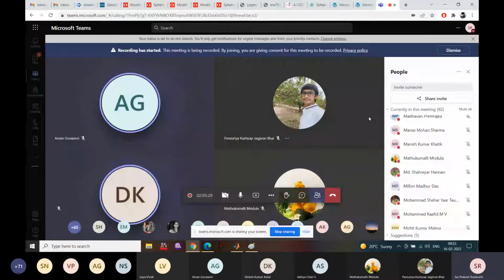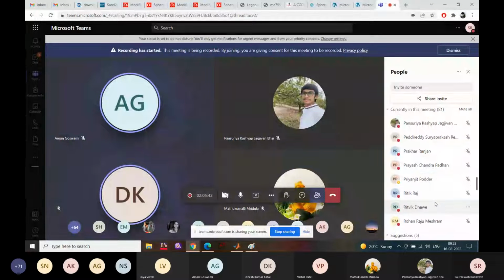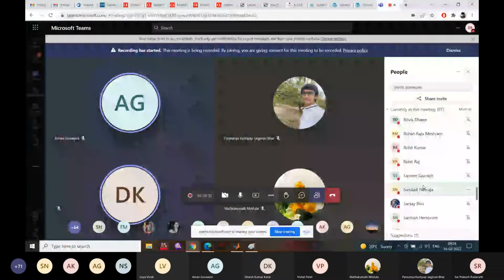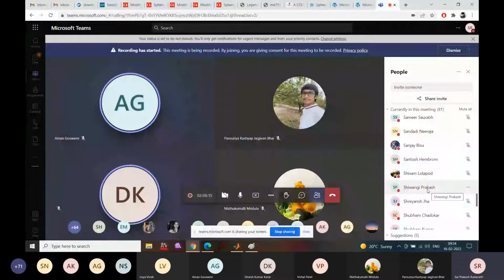What's the maximum zener current you're getting? Priyajit, Neeraja, Santosh. Those who are not responding, I put them absent.